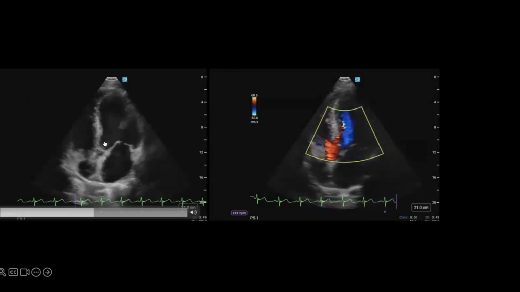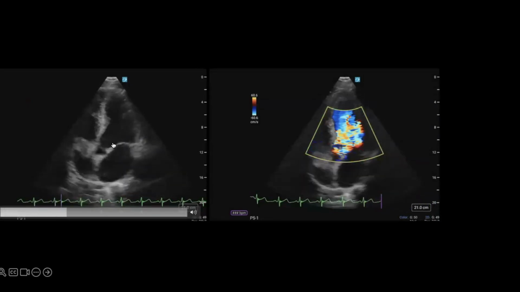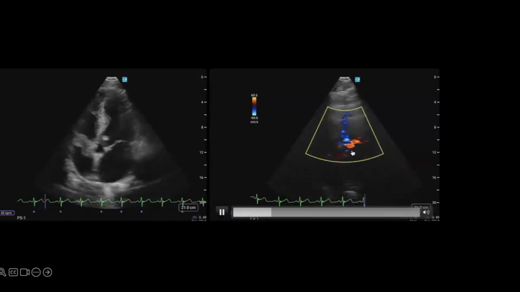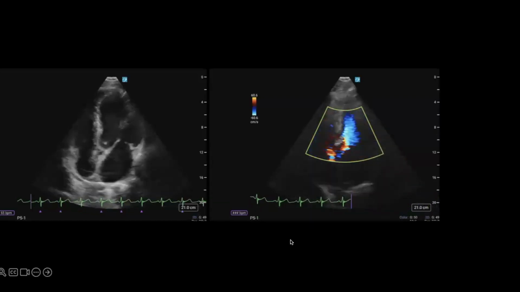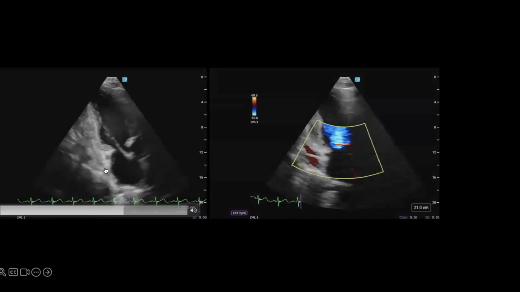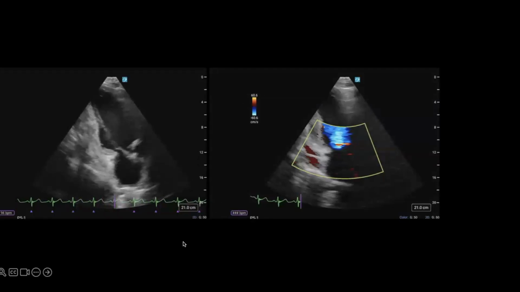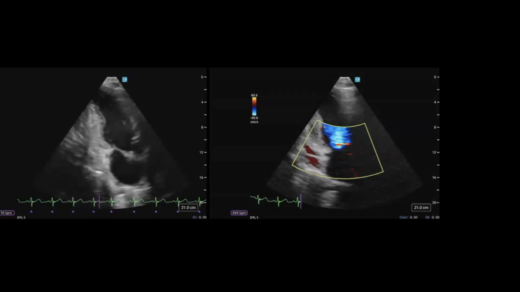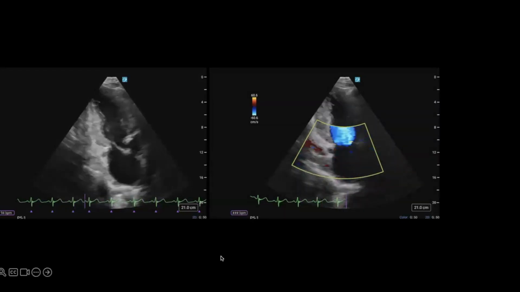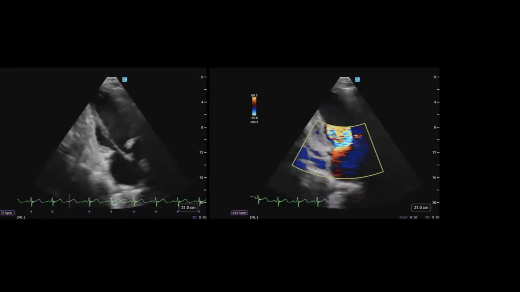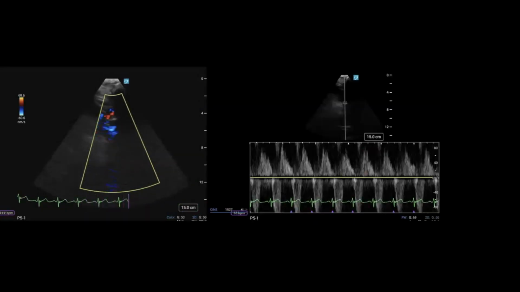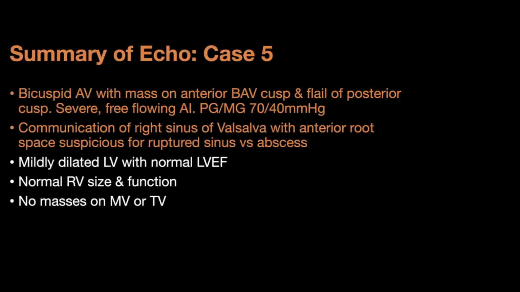You can see that mass shooting back into the LVOT. And again, this patient's not in any heart failure, this is chest pain at this point, and he's been on antibiotics already. This is the little notch looking down the aorta. Yeah, so pretty profound.